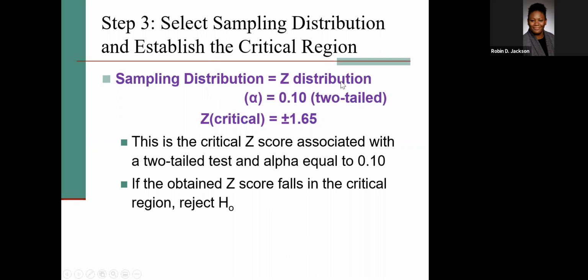You say which distribution you're using. Is it the Z distribution or the T distribution? Then you have your alpha. You say what your alpha is, and in parentheses, write out whether it is one-tailed or two-tailed, because that will help you remember or help you go look at the Z critical. And because it's two-tailed, you know you need a plus or minus 1.65, okay?